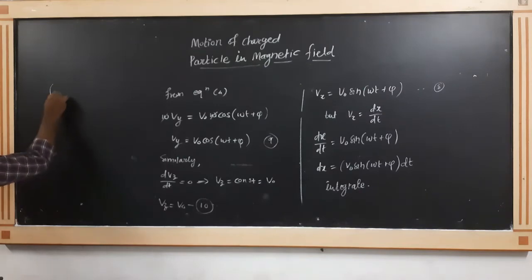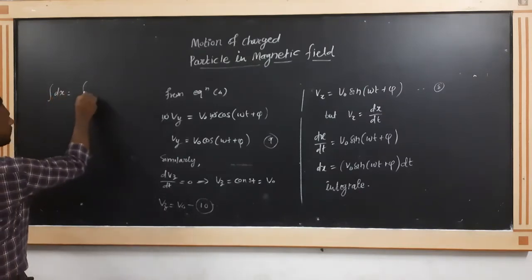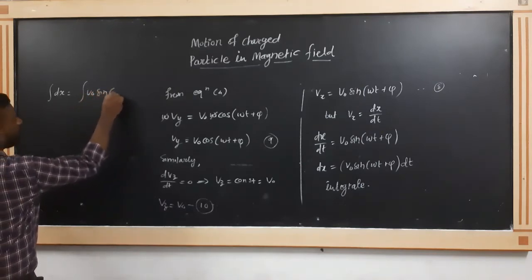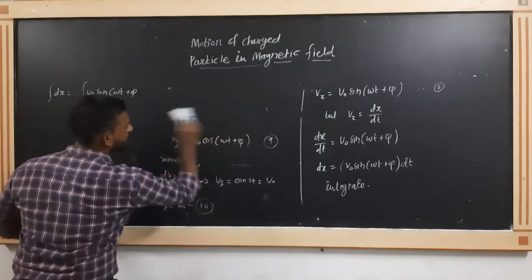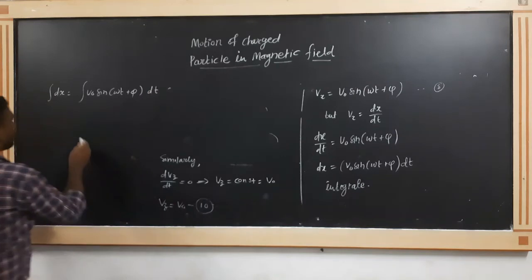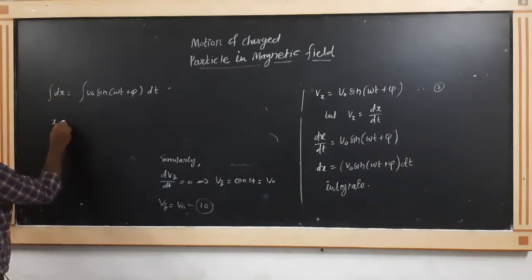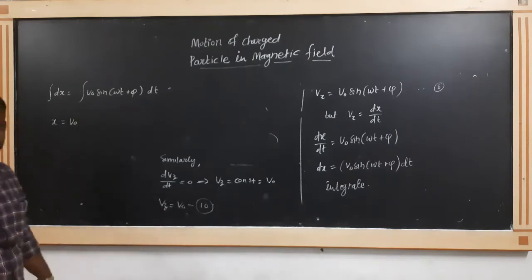So integration of dx is equal to integration of this whole term, v0 sine of omega t plus phi, into dt. So integration gives x plus v0 again constant, and what is the integration of sine omega t plus phi?